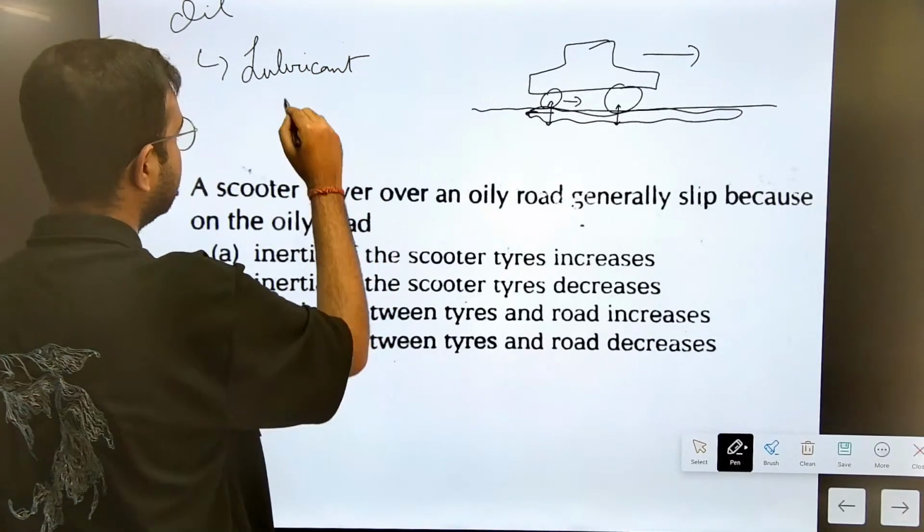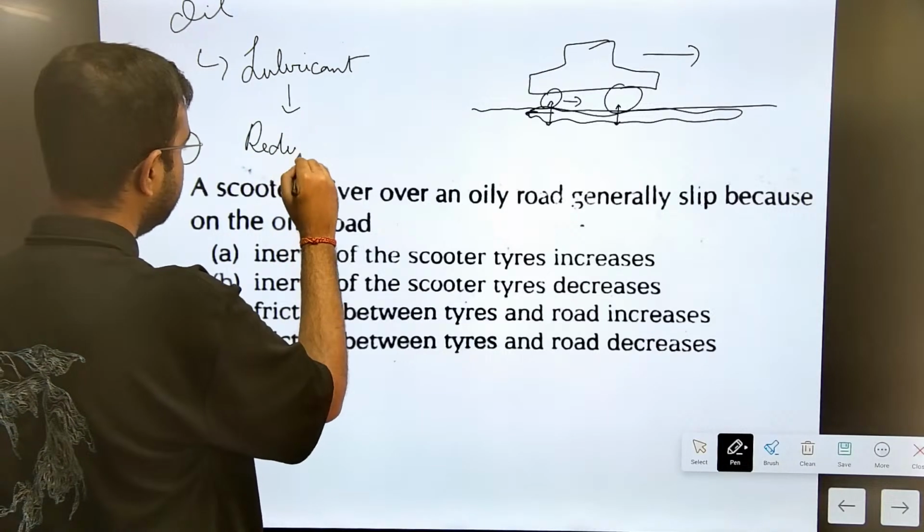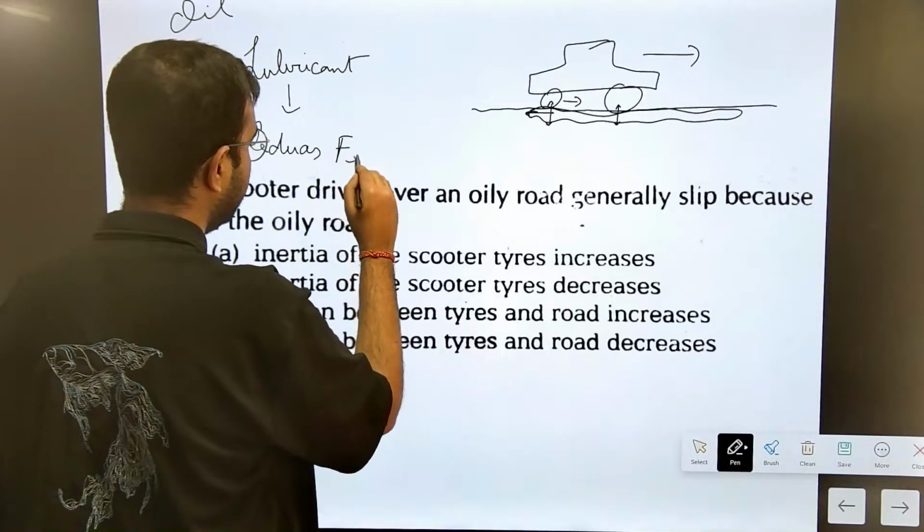Now what is a lubricant? Lubricant is anything which reduces friction.